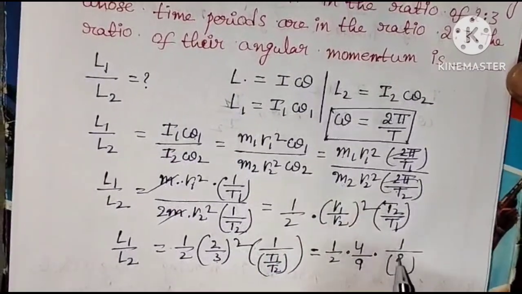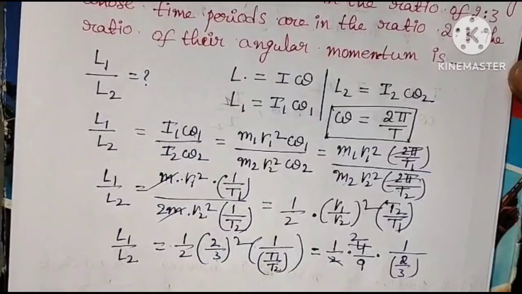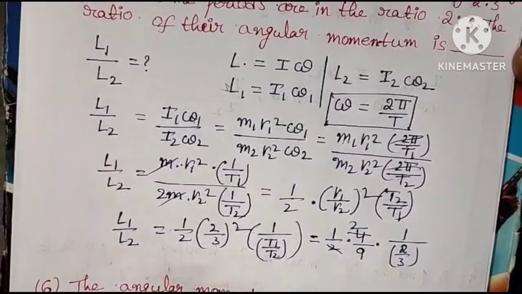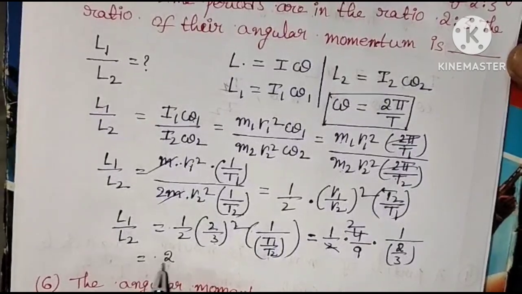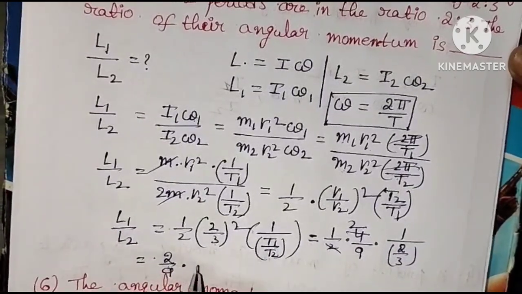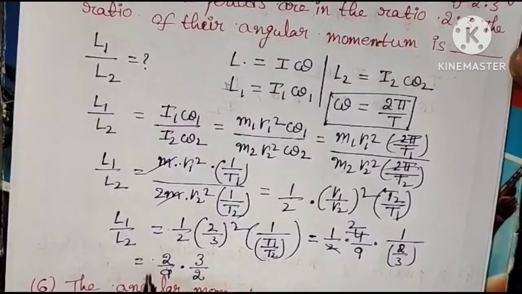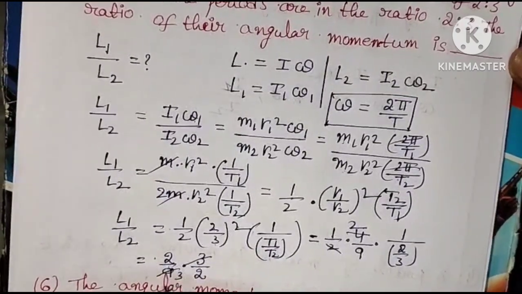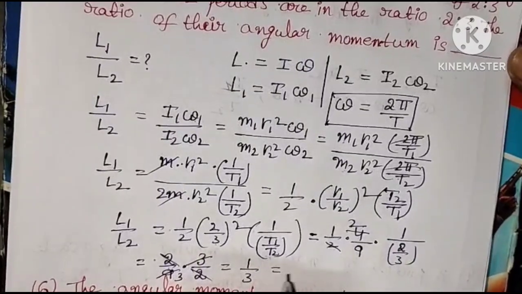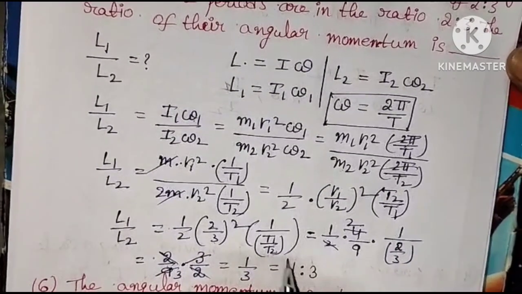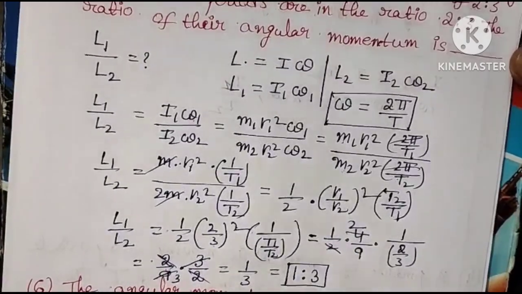The ratio of time periods is also given as 2 by 3, so 1 by 2 by 3 means 3 by 2. Cancelling gives 1 by 3 or 1:3. Therefore the ratio of angular momentums is 1:3.